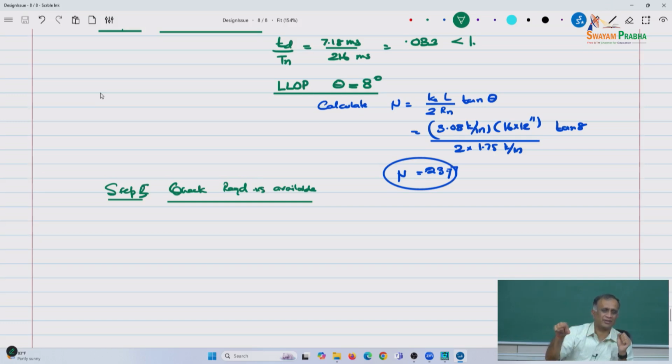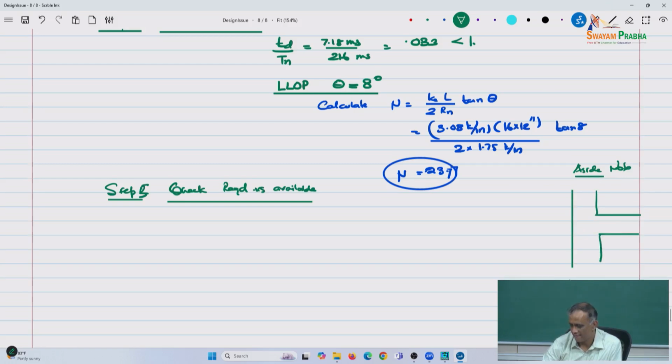So connection issues, for example, you might reinforce a column. This is a side note. For instance, if this is your regular loading like this, and suppose you have a reverse loading, what is it going to do?